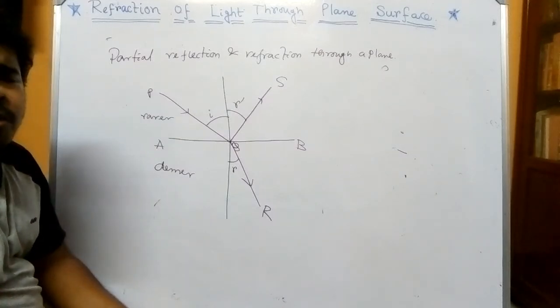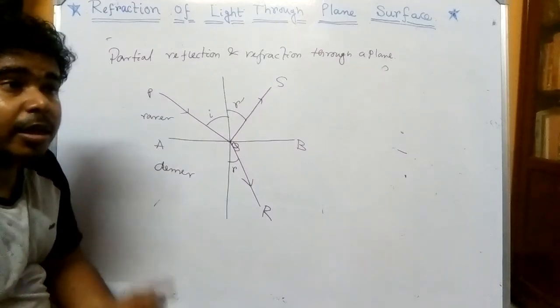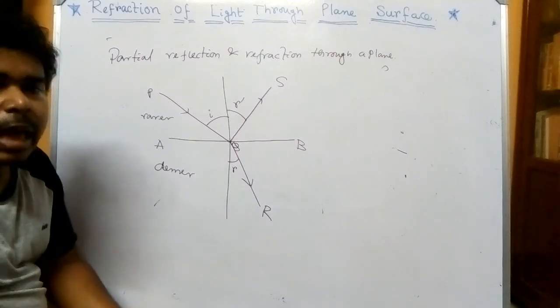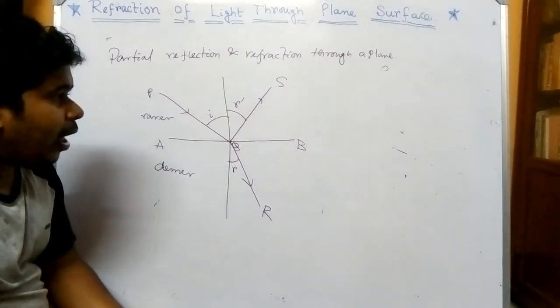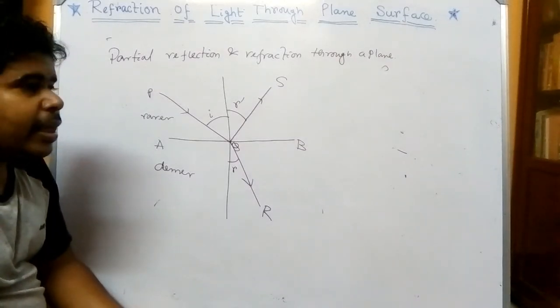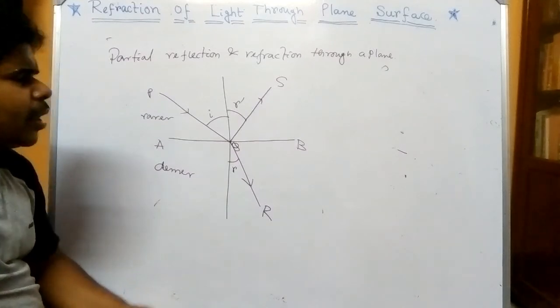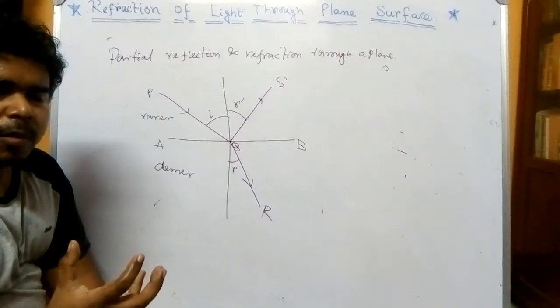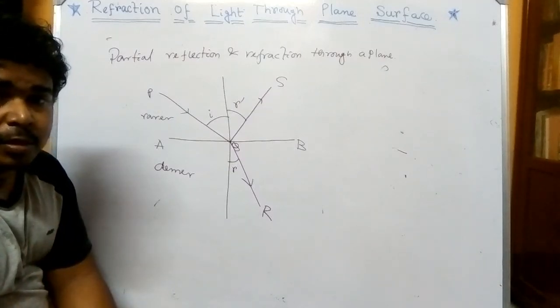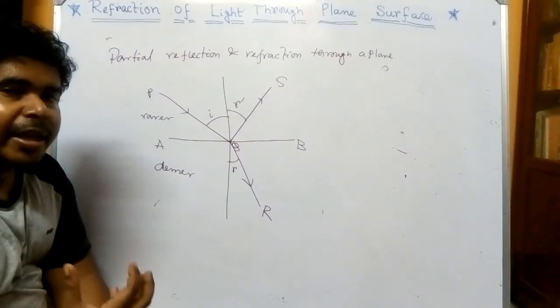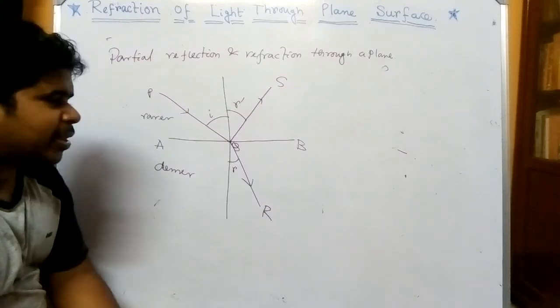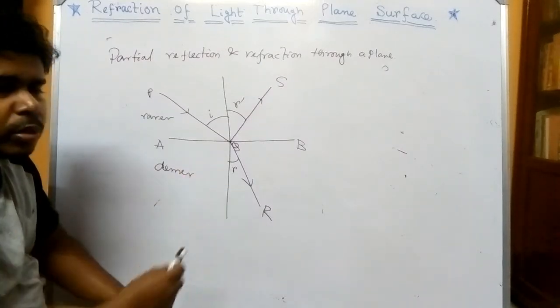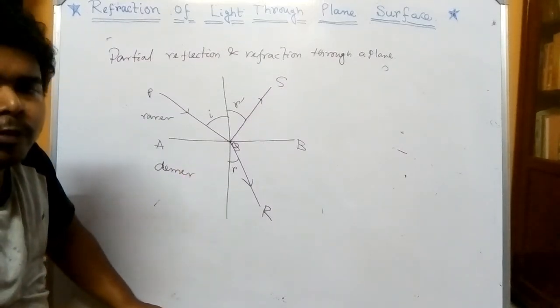I am just making you remember: when you learned reflection in class 9, we learned that in the case of reflection, some amount of light is absorbed by the surface. What is absorbed is basically passing through the medium in the form of refraction.